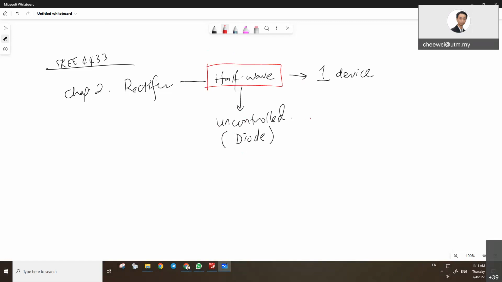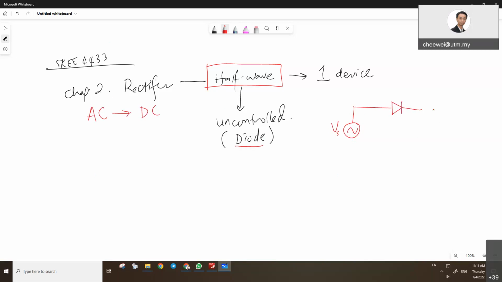Right. First of all, how to draw the circuit of this half wave? We know that rectifier is actually changing from AC to DC. So the input definitely will be AC as input, and then go through the switch. In this case, the switch would be the uncontrolled diode.